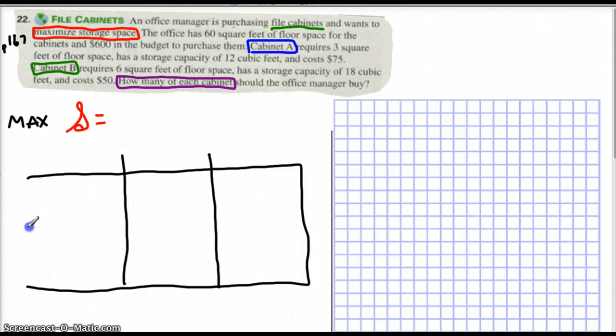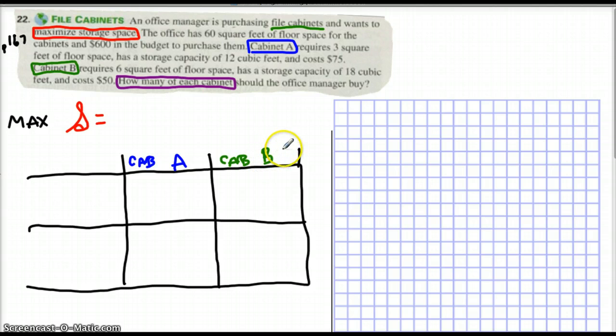And let's see where everything goes. Okay, so we've talked about how you put your two products up here, cabinet A, or it's not always a product, I guess, but your two kind of things that you're comparing. Okay, cabinet A and cabinet B.